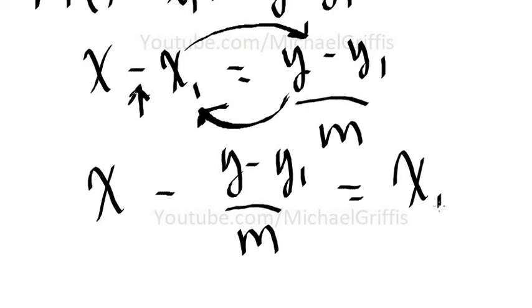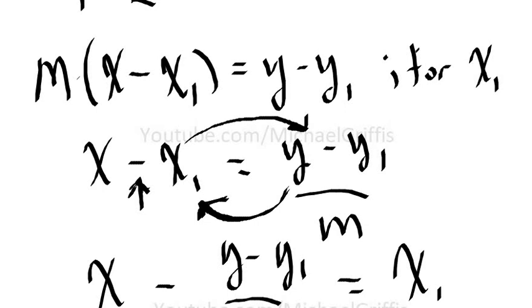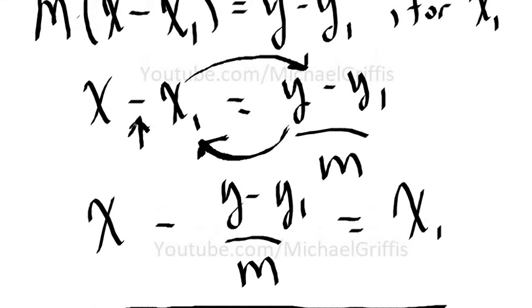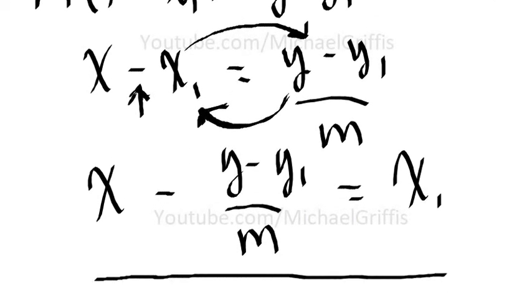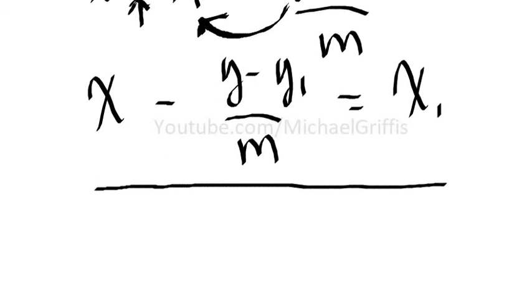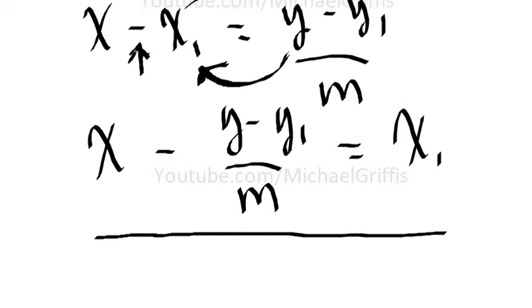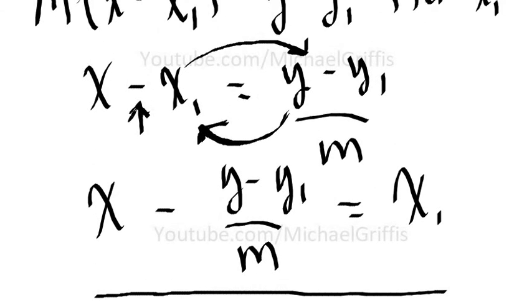In other words, we were just adding x sub 1 to both sides. Now, this equation, that m could represent the slope of a line, and those y's and x's represent coordinates. Anyway, we'll talk about that later on.